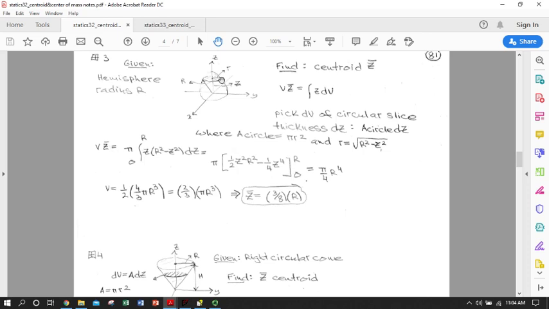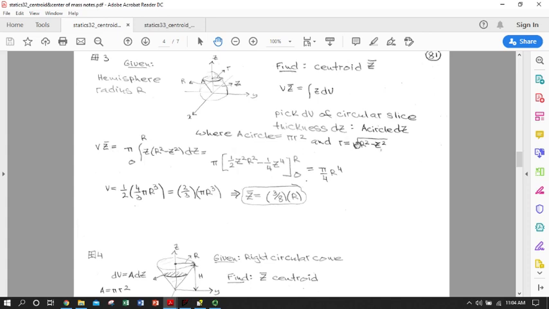Well, r is related to z based on the function for any one of what would be the longitudinal circles. So I can say that r of the circle that defines my horizontal slice is going to be big R, the radius of the whole sphere, minus z squared, which is itself the formula for a circle.